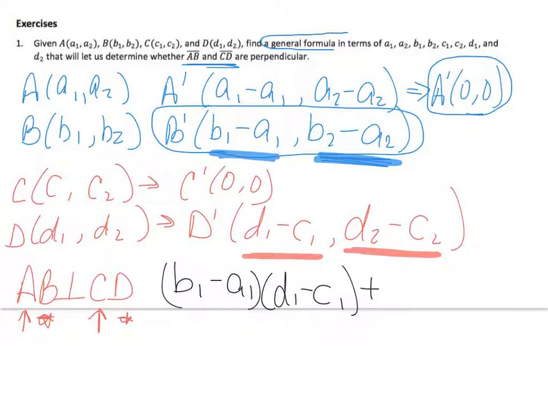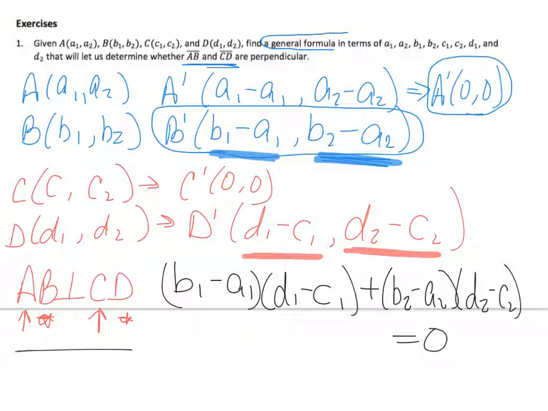And I'm out of room. I hate it when that happens. Yay, I did it. So that right there, if this in fact equals 0, then those two segments are perpendicular.